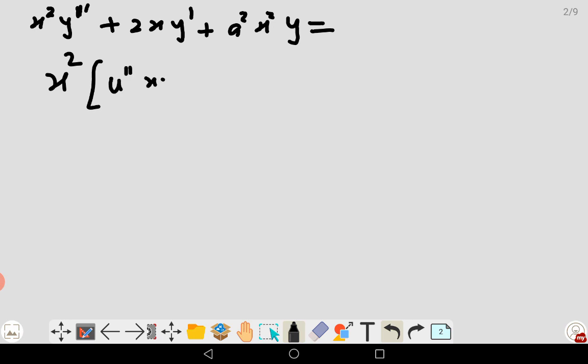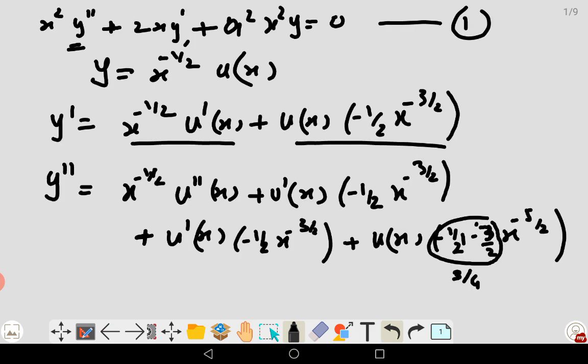U double prime of x power 3 by 2. There are 4 terms, so you check here, x u double dash x power negative half, u dash. When you take u dash common, there are 2 terms. What is it?